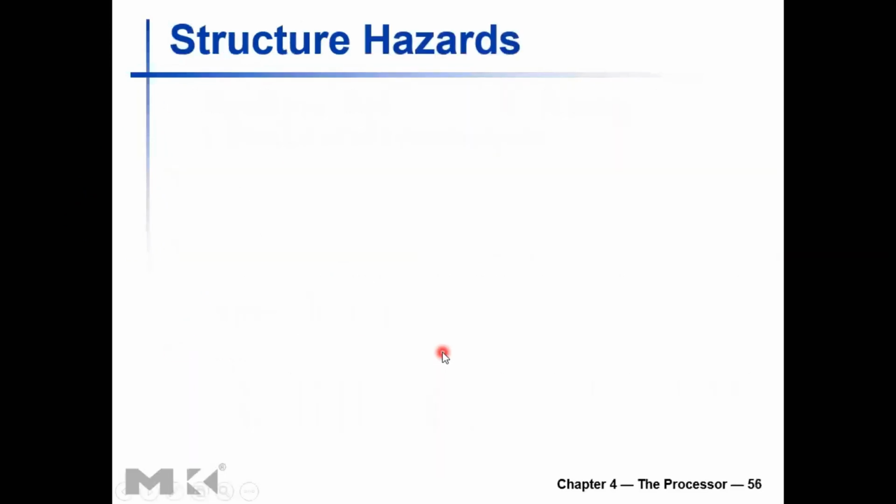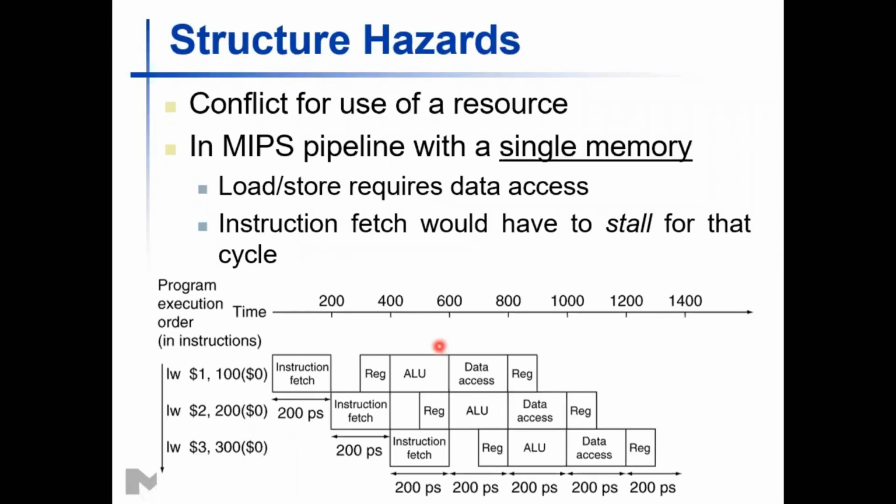Now let's have a look at this more closely. Structure hazards, right? A structure hazard is a conflict on resource usage. The hardware resource is busy for a previous instruction, so we can't use that same hardware for the current instruction, right? So in a MIPS pipeline, assume a single memory device.